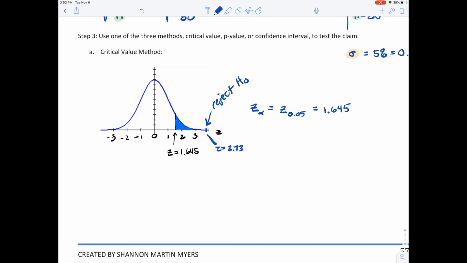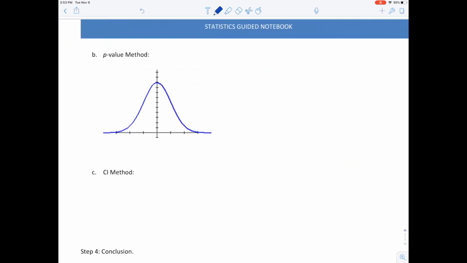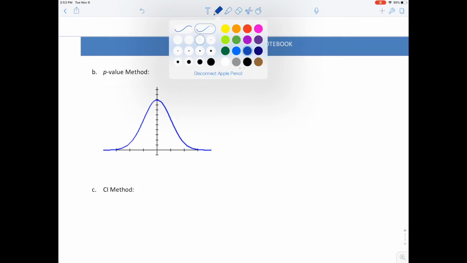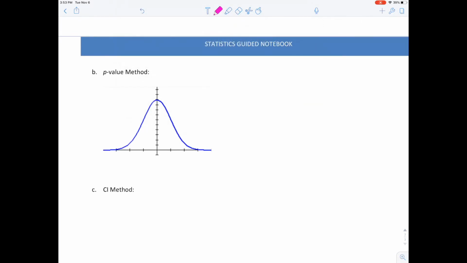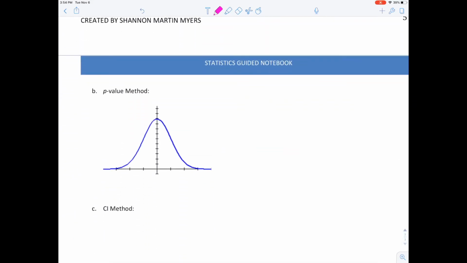Okay? Now, in p-value method land, which is really probably the most common nowadays, p-values and confidence intervals, this is what we do. So now we are not using some z alpha value here. What we are doing is we are separating the interval by our test statistic, right? So remember, our test statistic was what, 3.73, which is way over here, right?